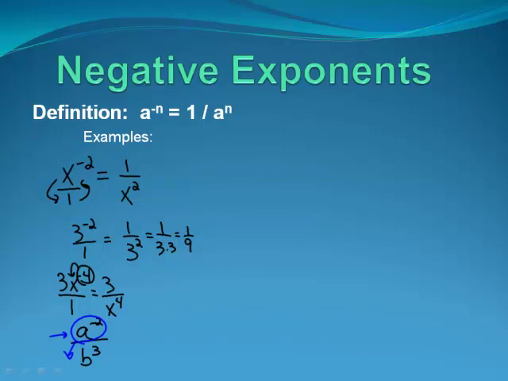If you have something in the denominator that's a negative exponent, and you want to make it into a positive exponent, if you take the reciprocal of it, something in the denominator comes up in the numerator. So really what you're doing for these problems that are more than just one exponential term is you are moving around the negative exponents either into the denominator or up into the numerator and then changing the sign.